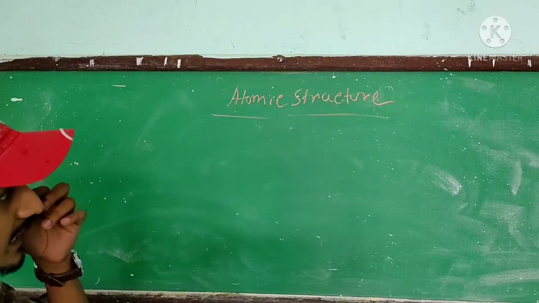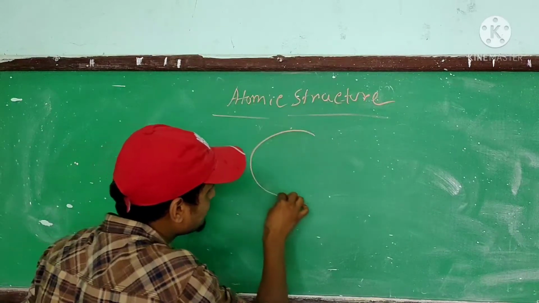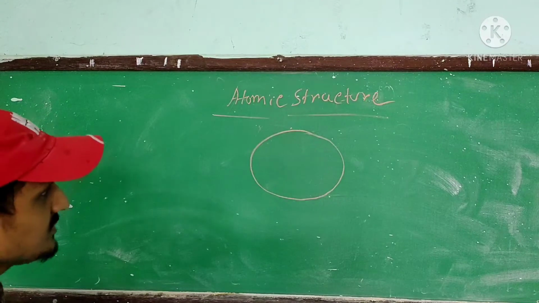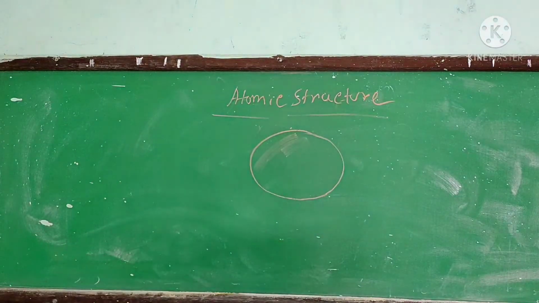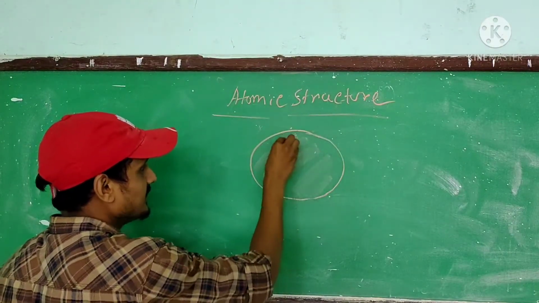After that, J.J. Thomson gave one model, which was called the plum pudding model. From that, he told that the atom will have a spherical shape which consists of protons, and in that sphere, electrons will be there.